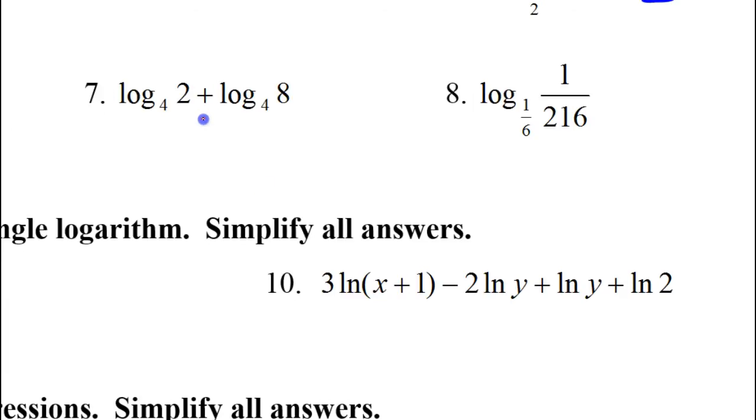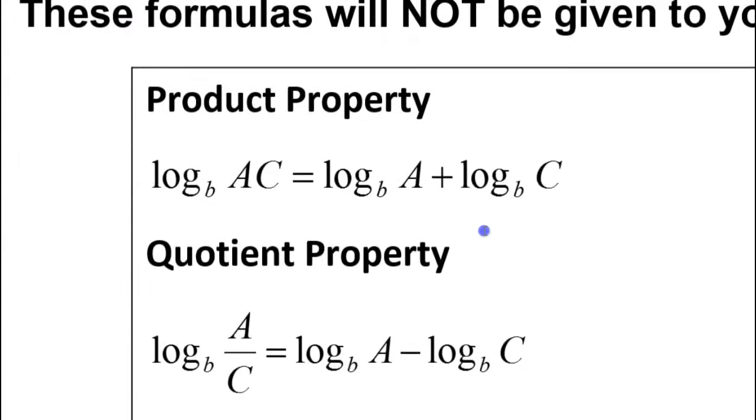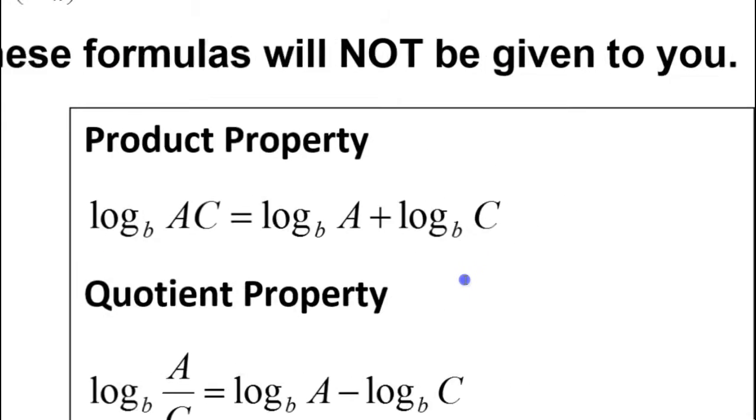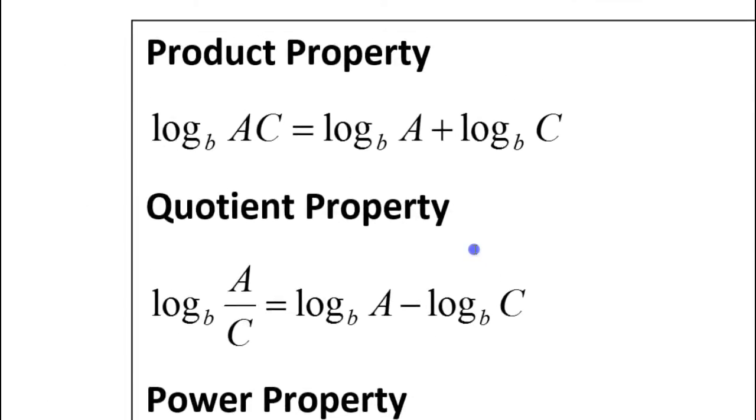Now, this is back to, we have to do our expanding and condensing to make these types of problems happen. We're probably going to have to put these together. Now, looking back at our equations here, notice that these formulas will not be given to you. So you need to be familiar with these properties straight from the dome, the cranium. Okay?